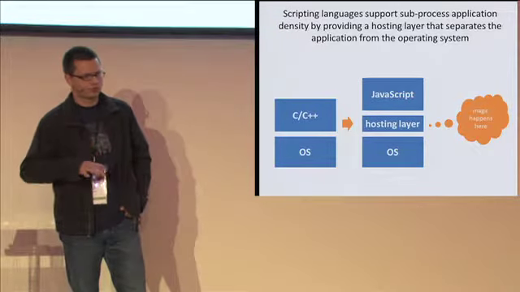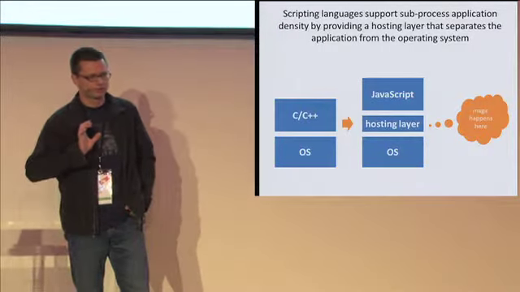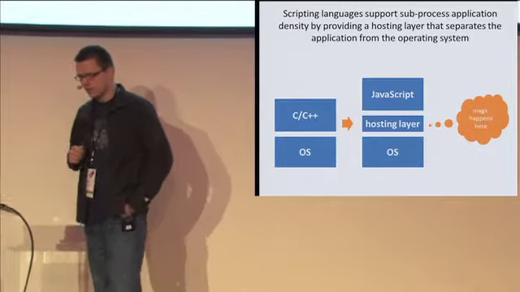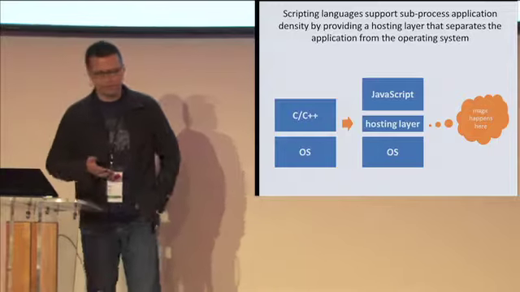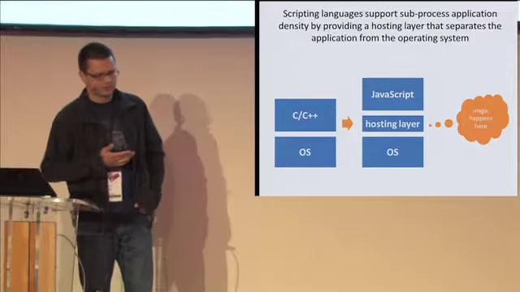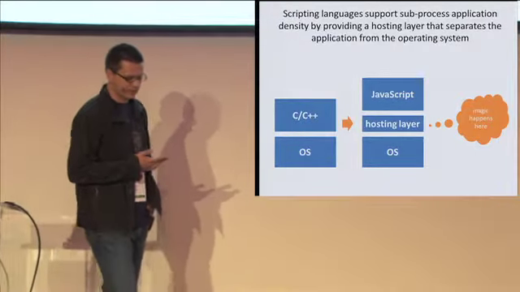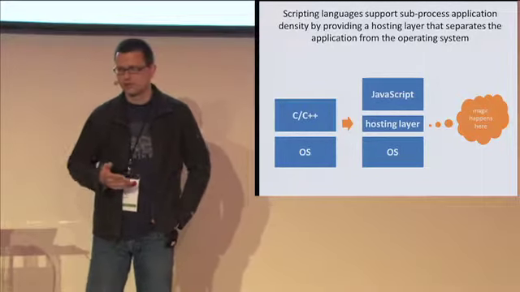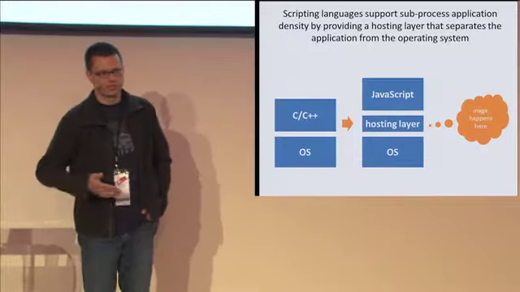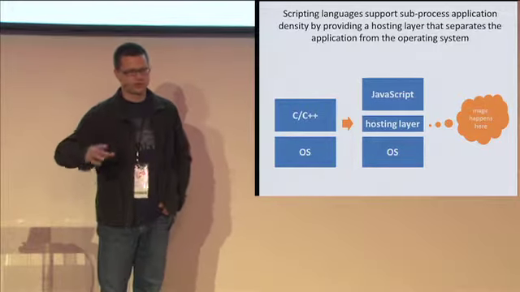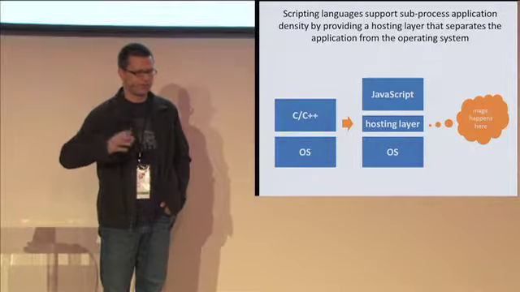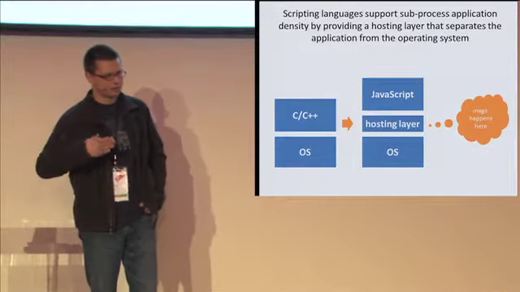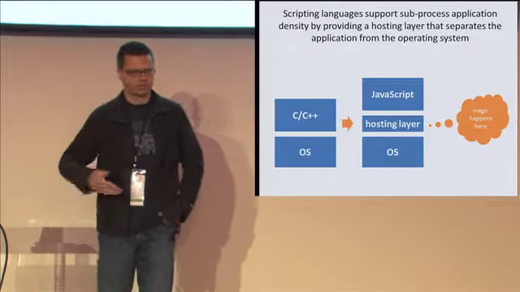There is no way to constrain resources on a per-thread level when that thread is running within that app. What managed execution environments like server-side JavaScript provide us is a layer that separates the operating system from the application code, a hosting layer. In case of Node.js, it is actually the node code, which consists of the V8 JavaScript engine plus the node-specific functionality, the event loop and all the native modules.